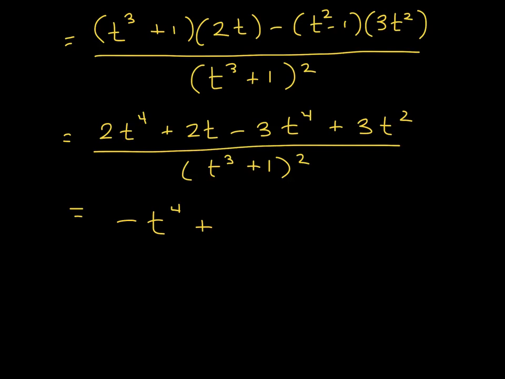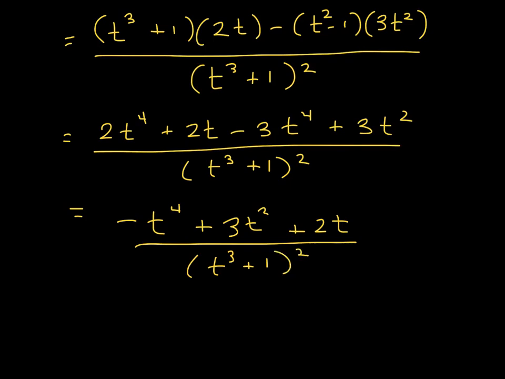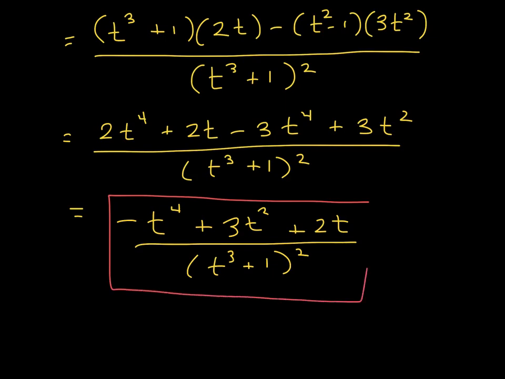I can make that a little neater for us. There we go. Yeah, that looks good, doesn't it? All over t cubed plus 1 quantity squared. All right, folks, we did it. We used the quotient rule for the first time. All right, and that's the derivative function.